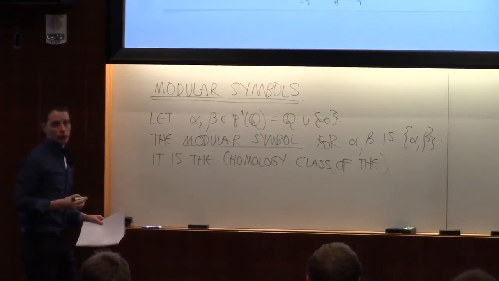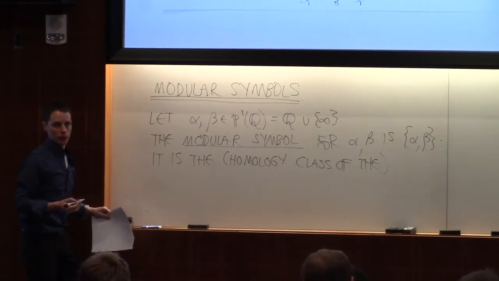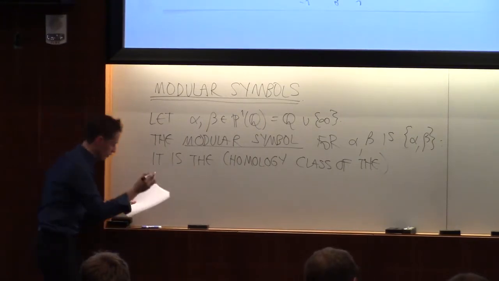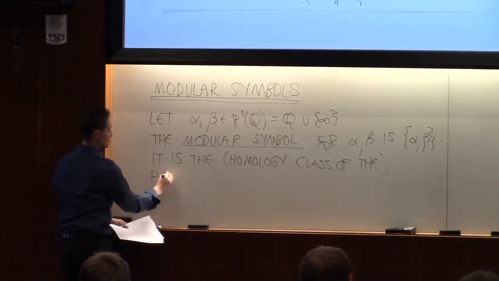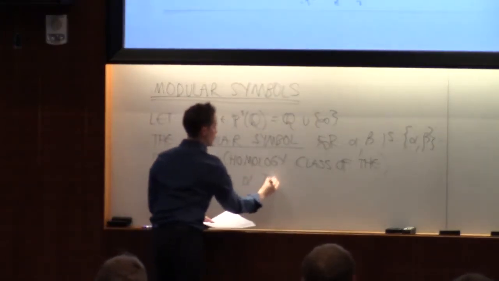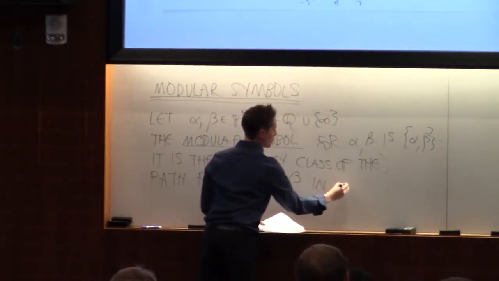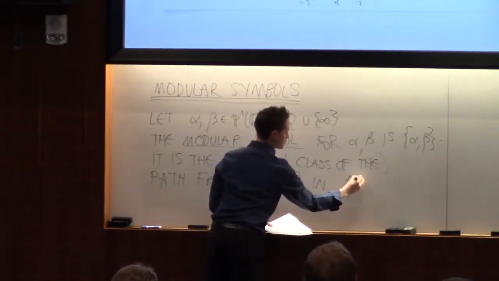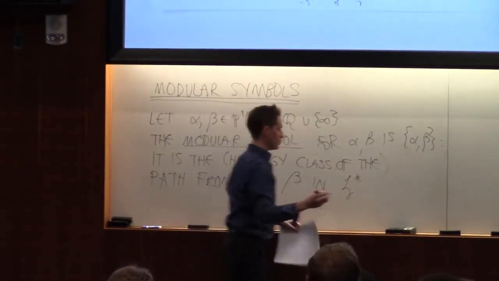But for those of you who do, I'm going to use that word because it helps you to understand what we're doing. Well, okay, you'll see what I mean. Path from alpha to beta in the completed upper half plane relative to the cusps.